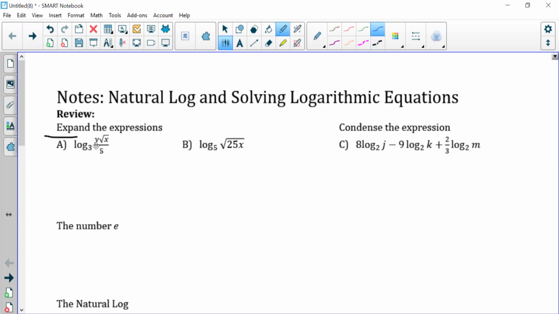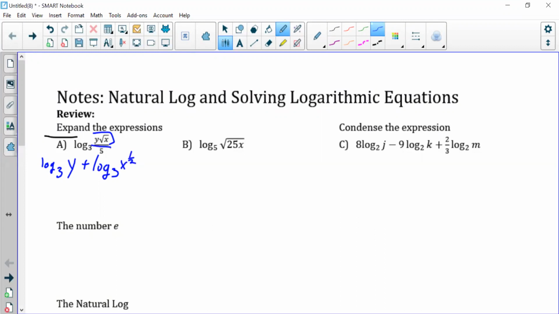So expanding, remember looking at the top first, we have multiplication. So we're going to make this addition. So the log base 3 of y plus log base 3, and this is radical x, but we want to write this as an exponent, so x to the 1/2.